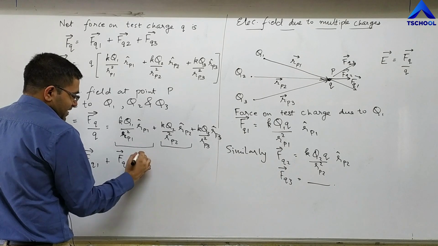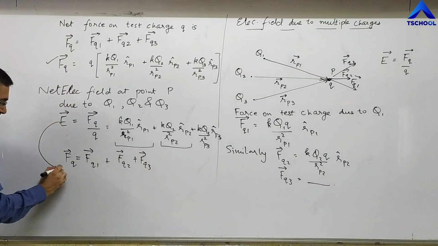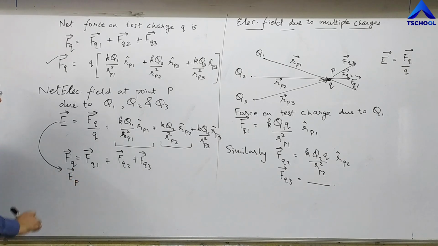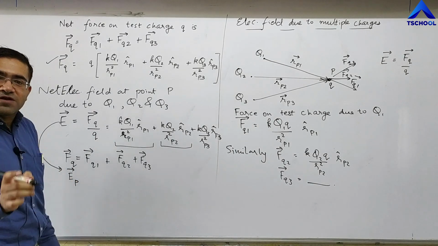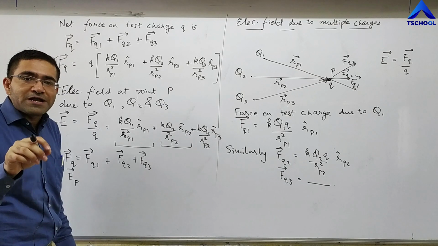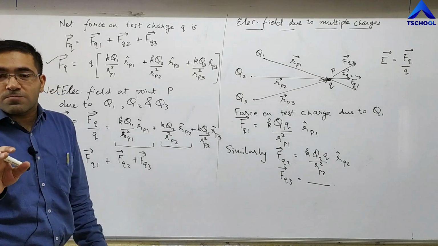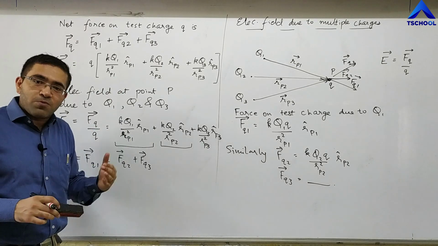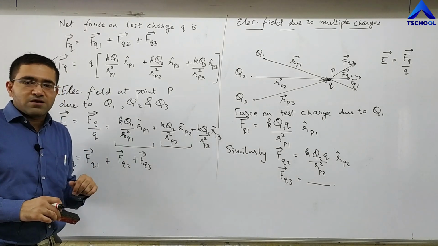Okay, just like that, using this idea, you will write it as follows: the electric field at the point P. Remember, electric field is the property of a point in space, it's not the property of the test charge. I hope you remember those important points that we talked about yesterday.